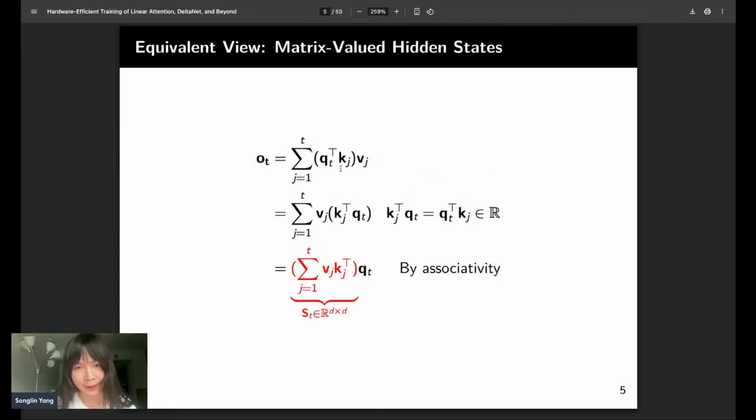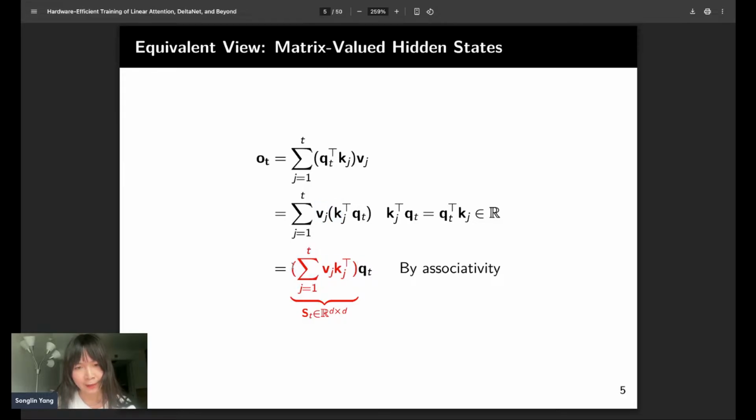Let's dig into it. Here we have this attention score. We don't have the Softmax operator, so it is now a fully linear operator. First, this is a scalar value, and we move this scalar value to the second position. Then we leverage the associativity property of these linear operators to compose the value and the key first.